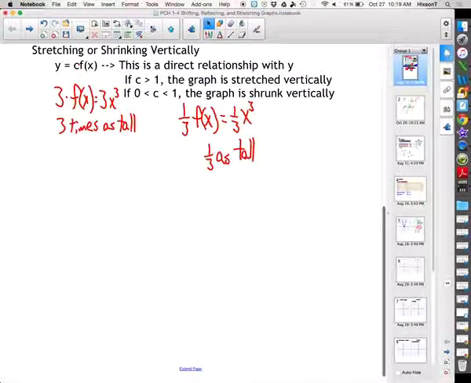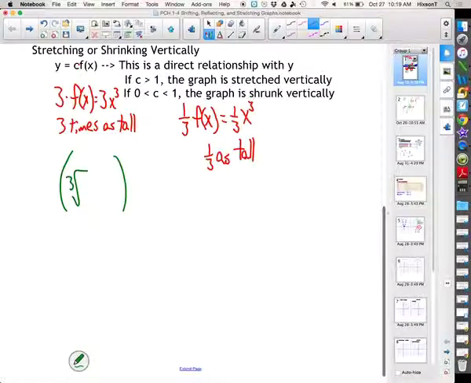Here I have 3x cubed. If I wanted to, I could get the same thing if I wrote it as the cube root of 3, x, quantity cubed. Would you all agree that that equals 3x cubed? Because if I cube the cube root of 3, I get 3, right?